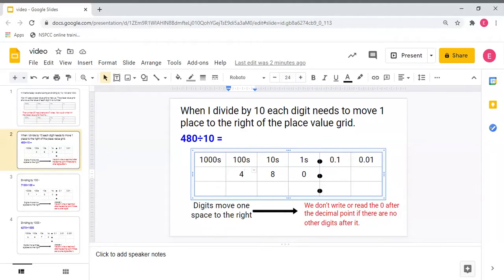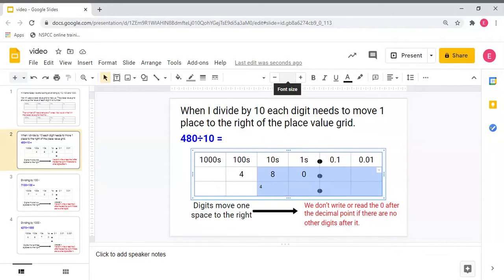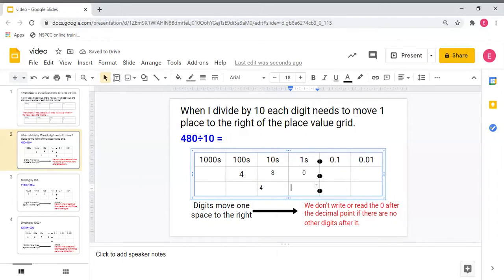Let's take our 400s first. That's going to jump one space to the right, so it's going to move from the hundreds into the tens. My 8 tens are going to move now from the tens column, one space to the right into the ones.